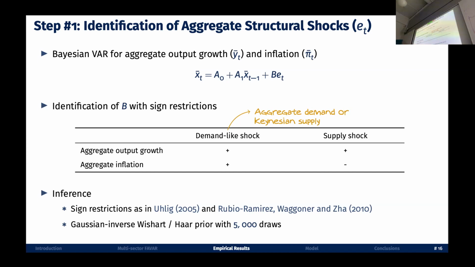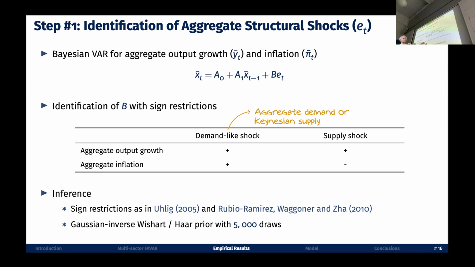So you get both parameter uncertainty around these estimated parameters as well as the uncertainty around the infinite rotation matrices that you can draw to get these sign restrictions. In particular, we're going to use 5,000 draws for the rotation matrices and the same 5,000 draws also for the parameter uncertainty in the Bayesian VAR.